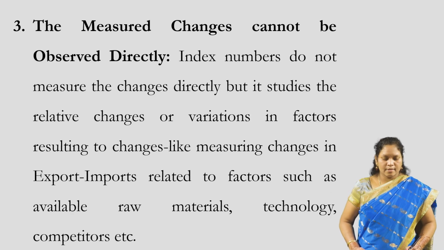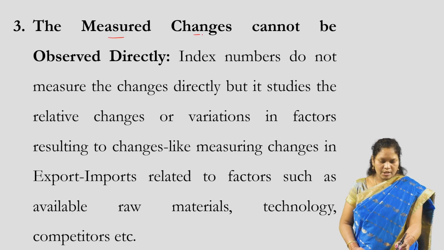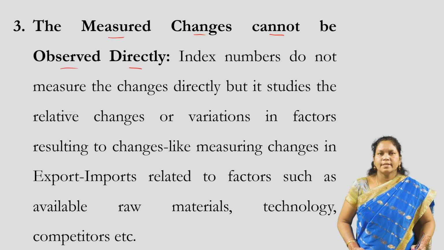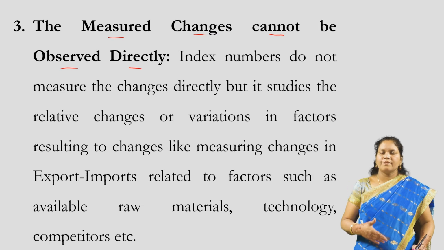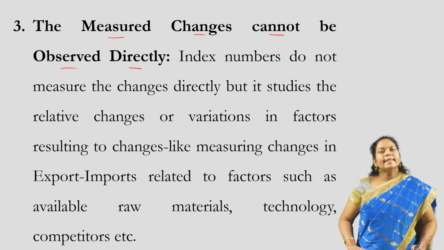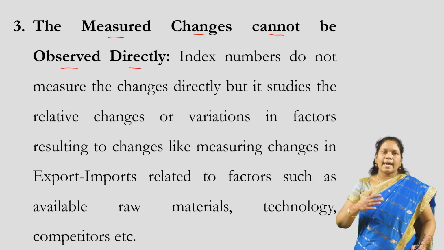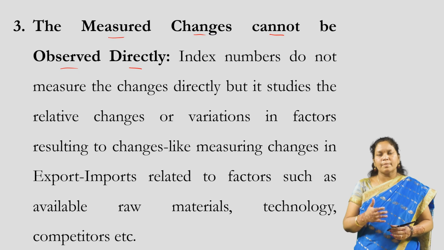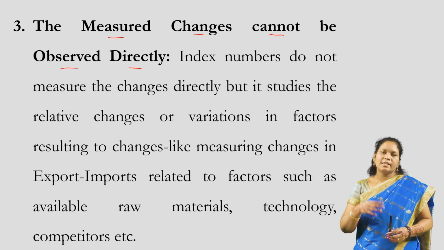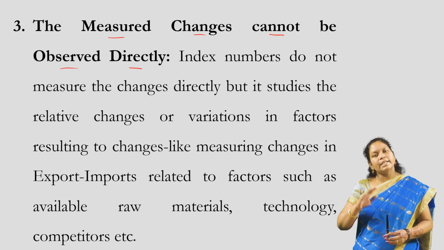Now let us go for the third one. The measured changes cannot be observed directly. So what happens here is, whatever changes we are considering, like in the definition itself we considered price and quantities, how they are going up and down, that we will consider, but not exactly like a pen rate of 10 rupees increasing next year to 20 rupees.